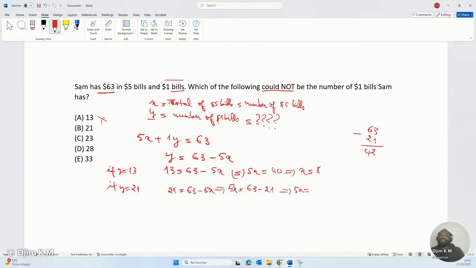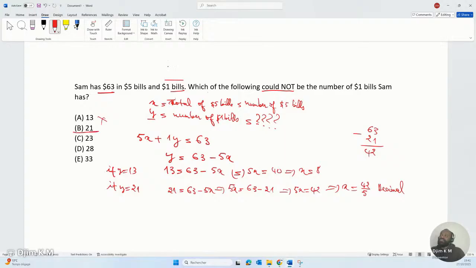So 5x equals 42, and this clearly will give us x equal to 42 over 5, and this is a decimal value. And we know that x is the number of $5 bills. We can't have the number of $5 bills being a decimal value. Okay, so this looks like our answer.